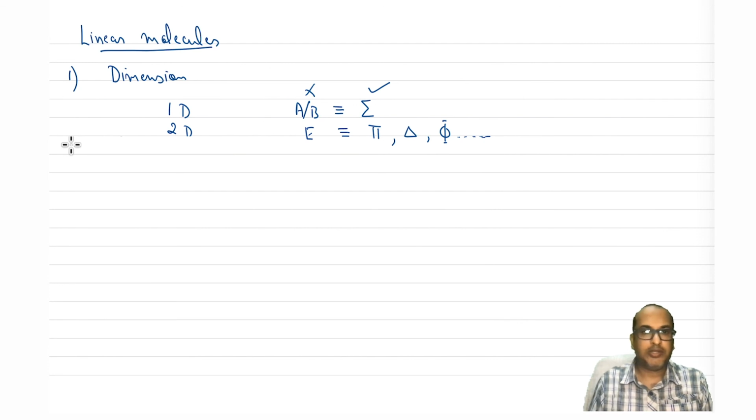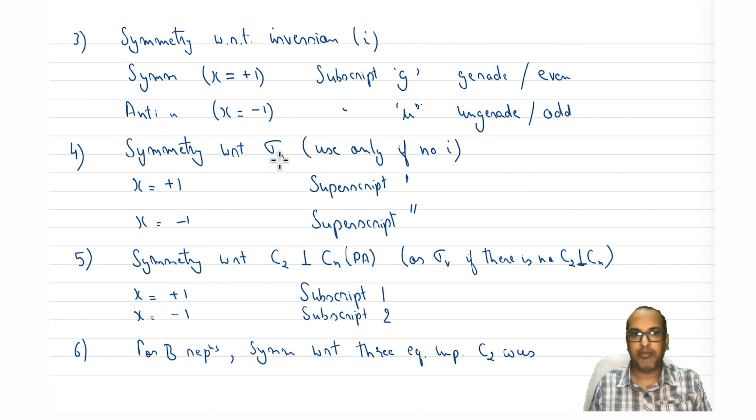Now, symmetry under sigma v. We have seen symmetry under sigma v in the case of linear molecules also. Here, if it is positive it takes subscript 1, and if it is negative it takes subscript 2.